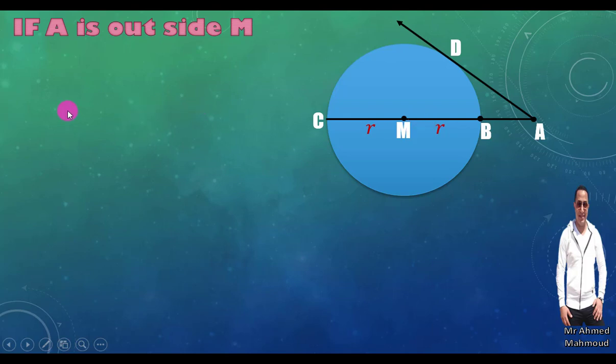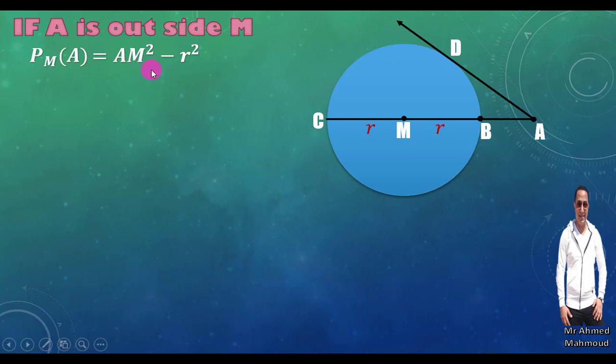Remember with me, P of A with respect to M equals AM power of 2 minus R power of 2. This is a rule that we studied before. Now we have here a difference between two squares.